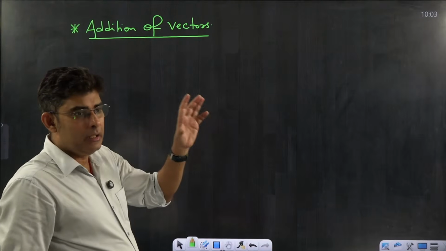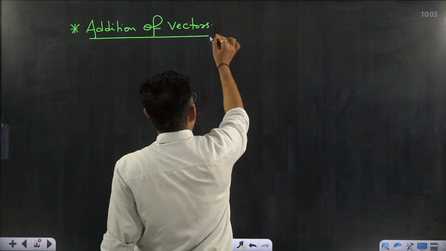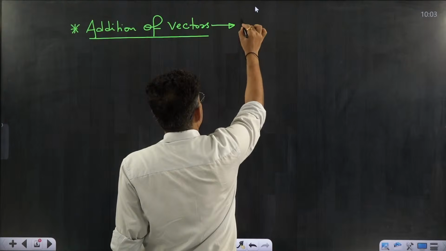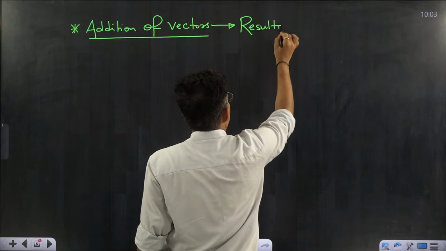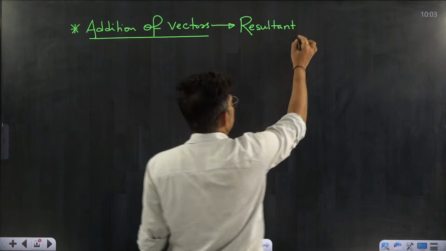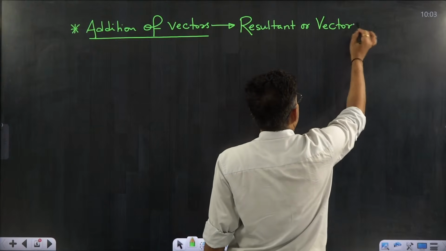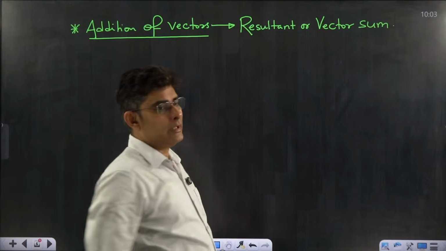Now when we add vectors, the sum that we get is called the resultant or vector sum.